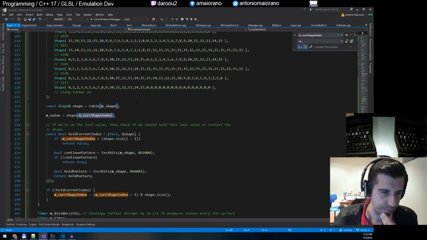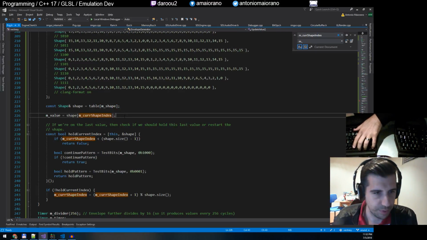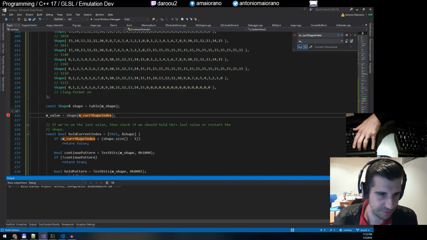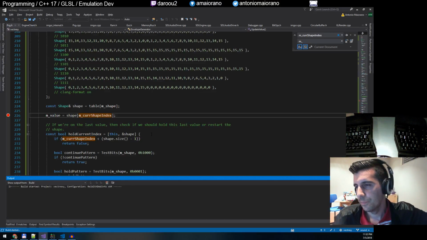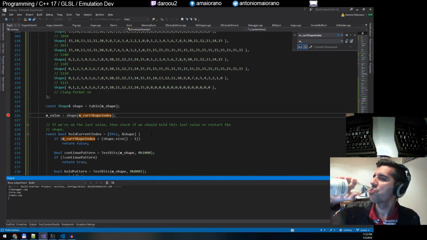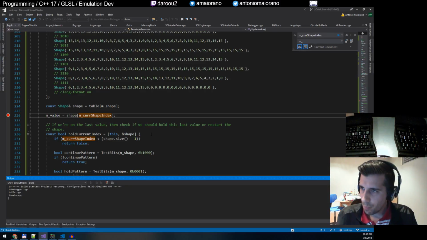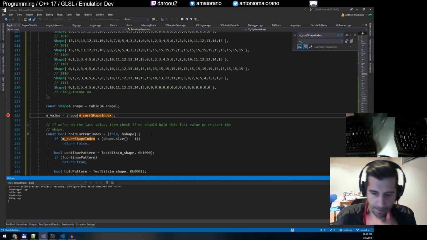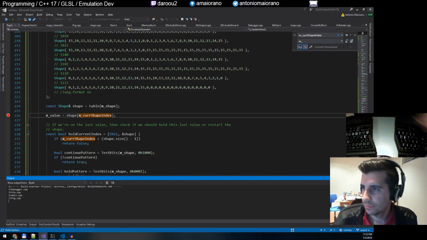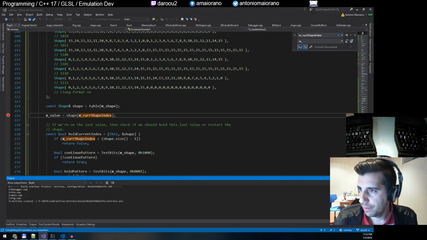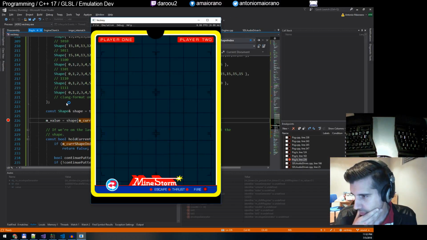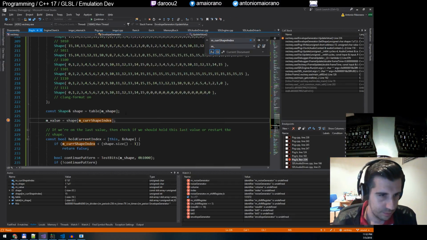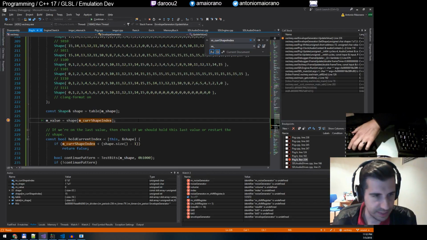Let me see. I'm going to put a breakpoint in here and debug this function a little bit, just to make sure it does what I think it's doing. So the current shape index is 0.